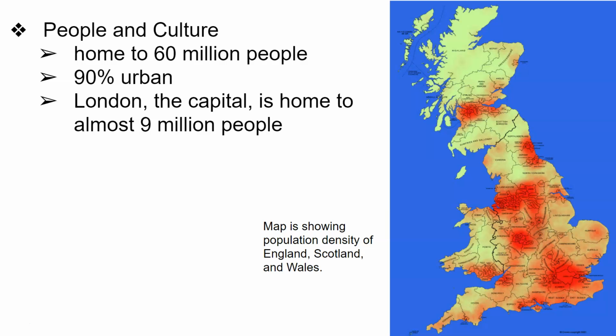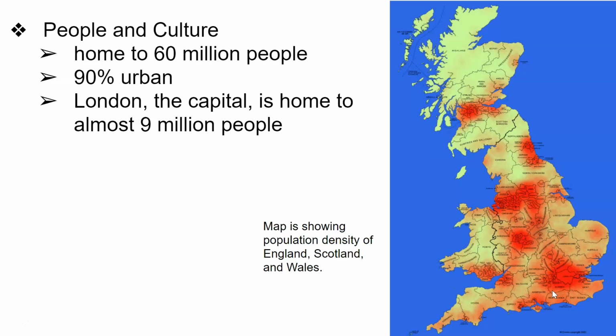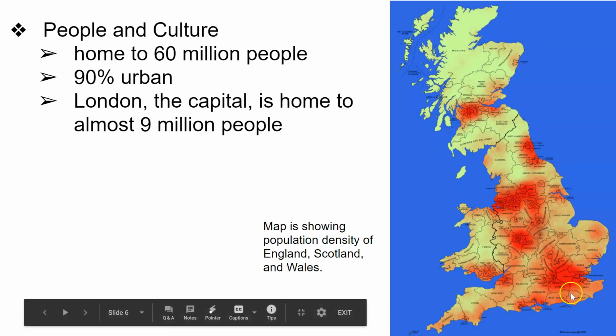About 90% live in urban areas. London is the capital, or the national capital, of the UK. It's also certainly the capital of England, and it's home to about 9 million people. So certainly you're looking here, these red areas would be your more densely populated areas in the UK.